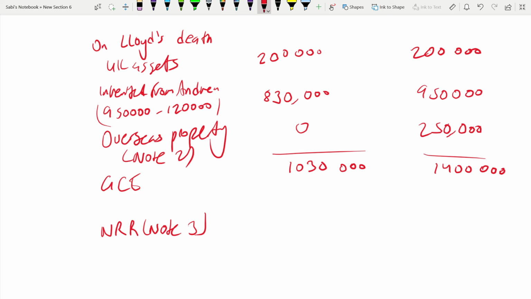The overseas property is only subject to UK inheritance tax if Lloyd elects to become UK domicile, that means if the election is made. That's why here we have put overseas property, not here, because no election was made. Third, Andrea's unused nil rate band can be transferred to Lloyd only if an election is made. If no election is made, all of Andrea's nil rate band is used on her death.